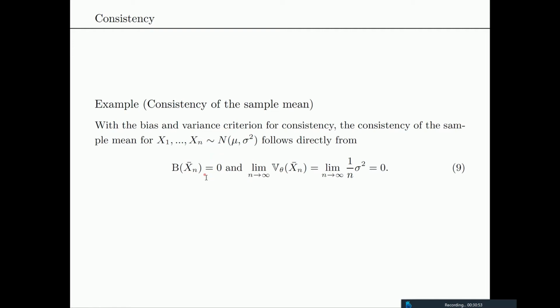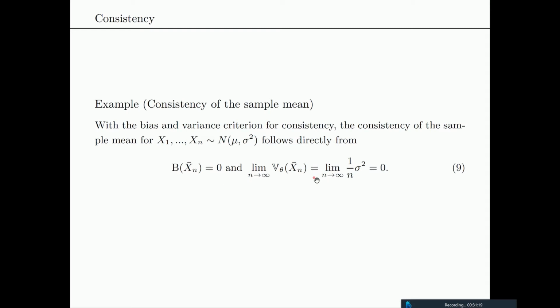We have already seen that the bias of the sample mean, in the scenario of univariate Gaussian random variables, is 0, that the sample mean is unbiased. So hence it's also asymptotically unbiased, and because it's always 0, for n going to infinity it's 0.